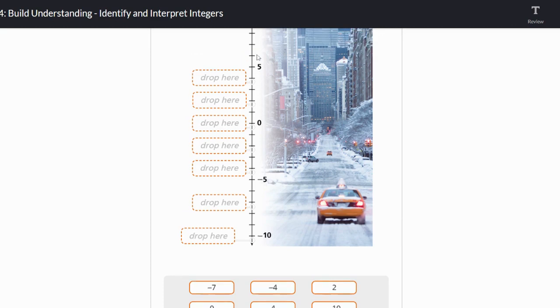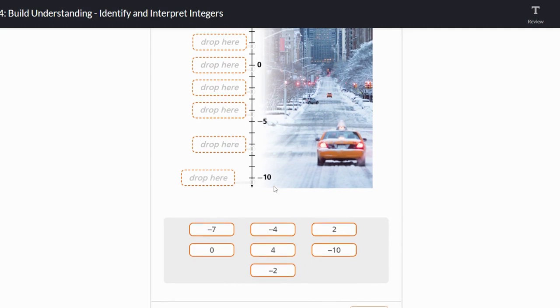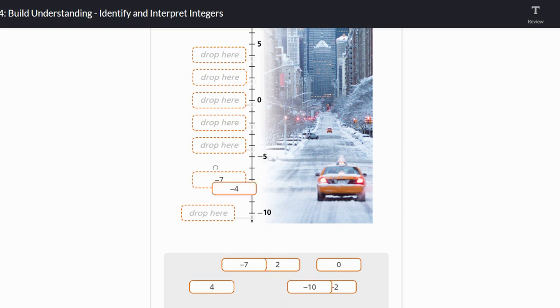So my positives go up, and then -1, -2, -3, -4, -5. My negatives are going down. So let's find where -7 would be. So I'm going to go below 0, and I could think 1, 2, 3, 4, 5, 6, 7. -7 belongs here. -4, that's going to be right before -5.